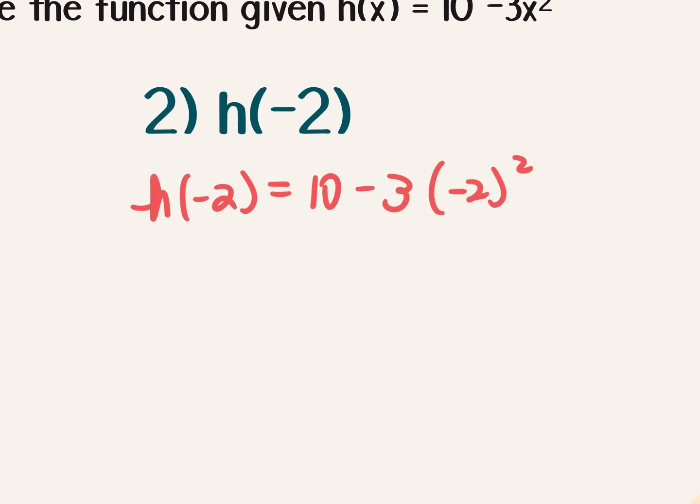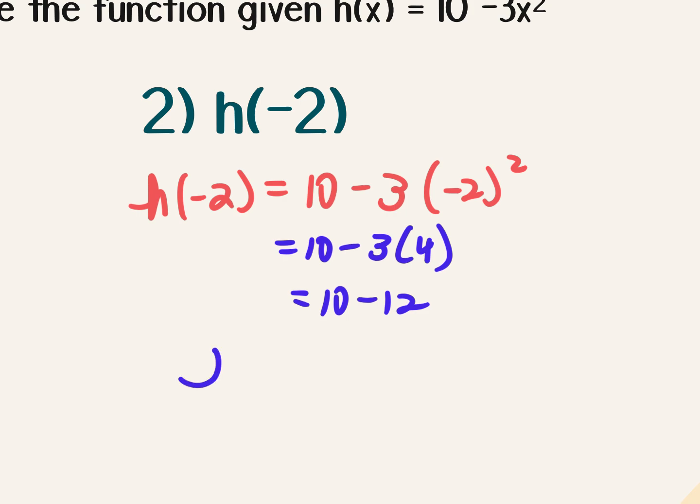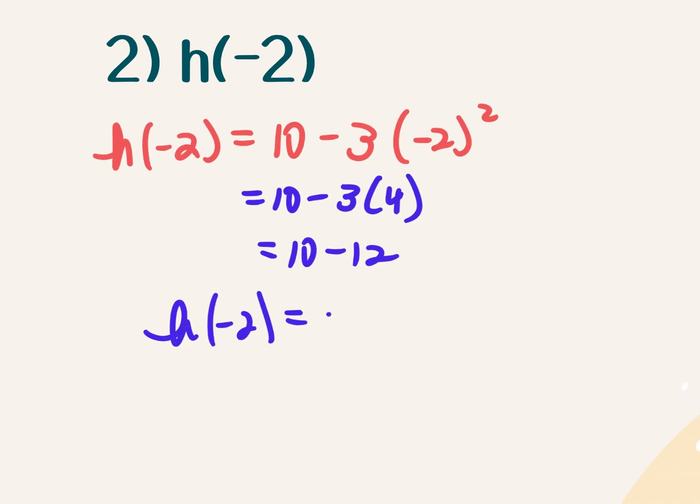What do I do first? Square. So I have 10 minus 3 times 4 now. 10 minus 12 now. H of negative 2 equals negative 2. Write that as an ordered pair. Negative 2, negative 2.